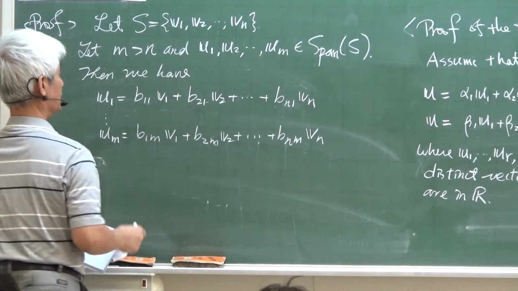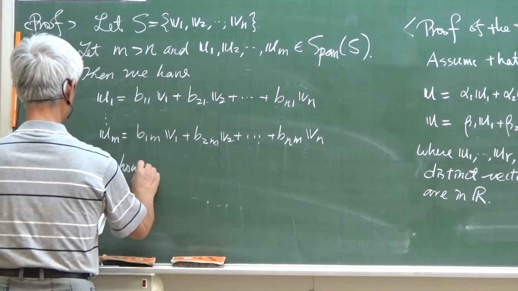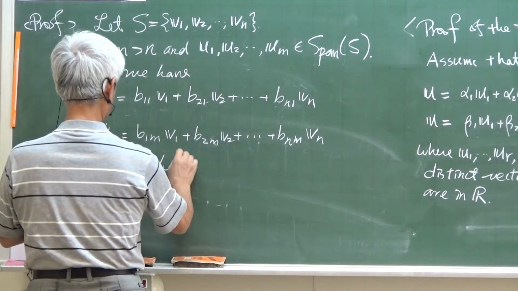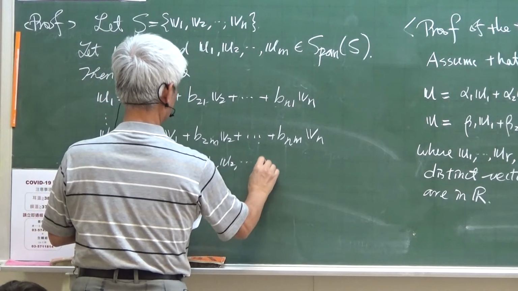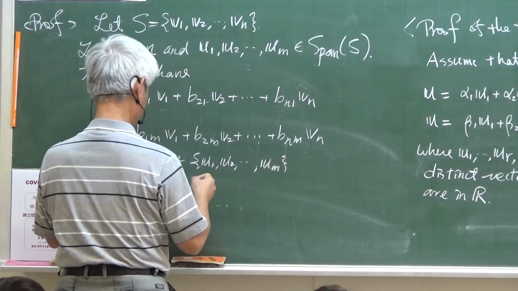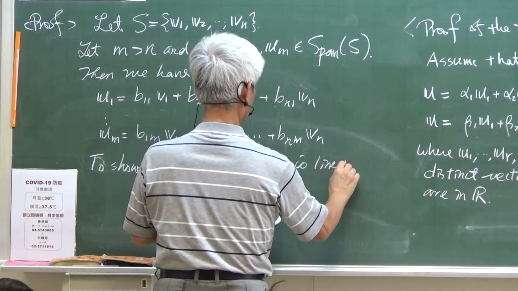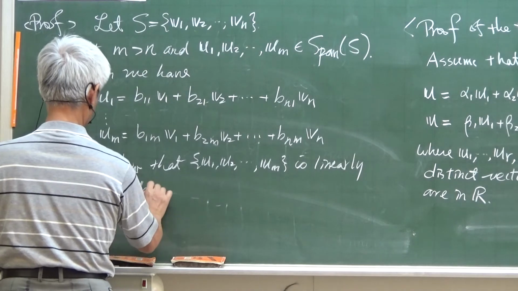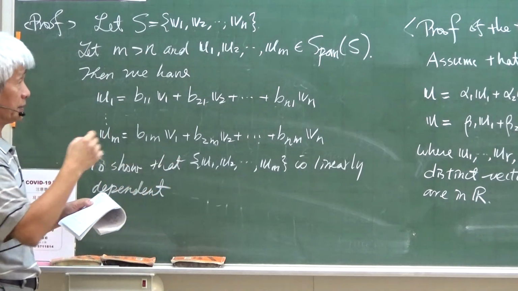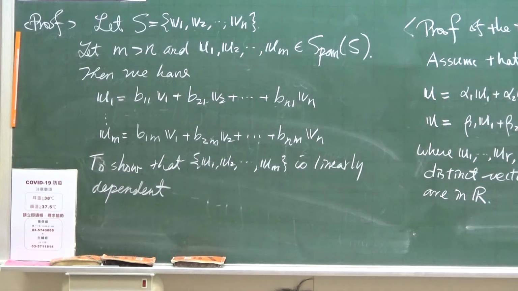Right, so now our purpose is to show that u1, u2 up to um is linearly dependent. Right, this is our purpose because the statement says that this set must be linearly dependent.